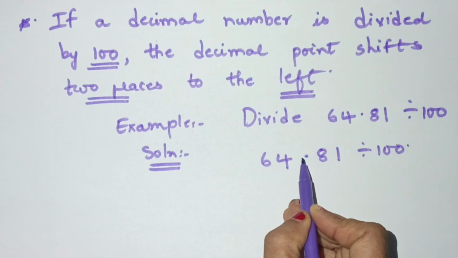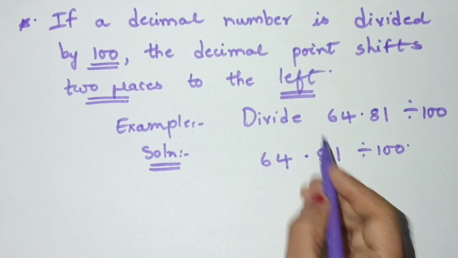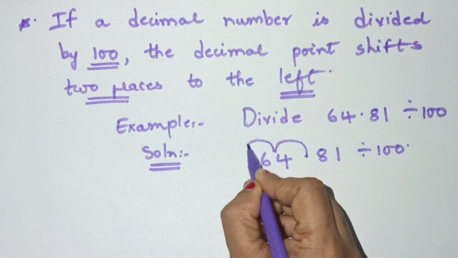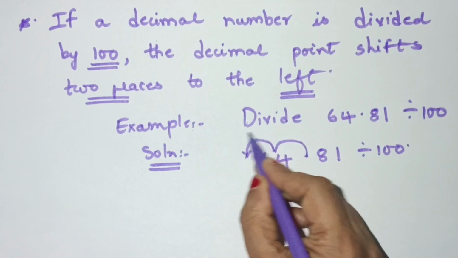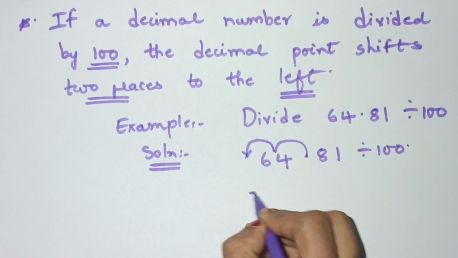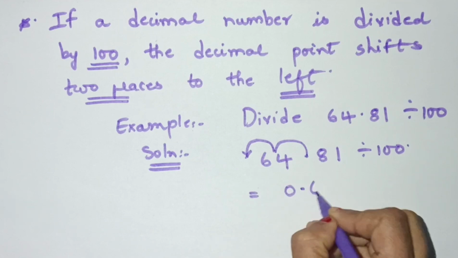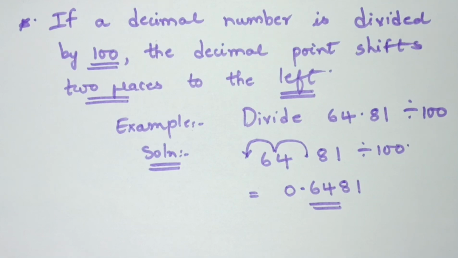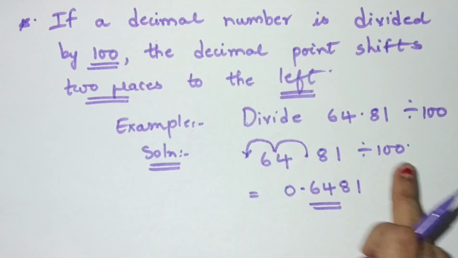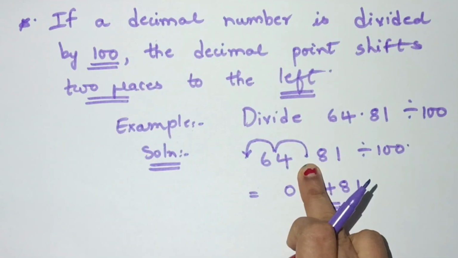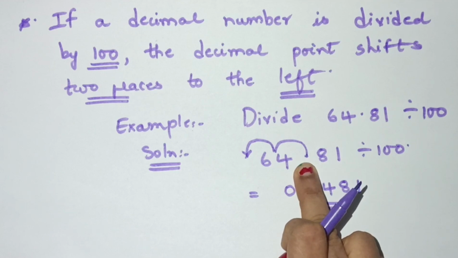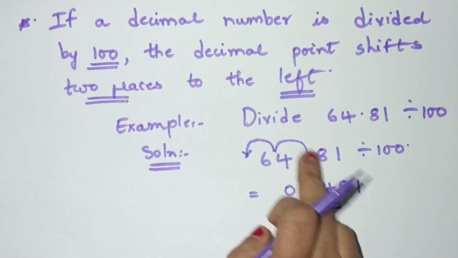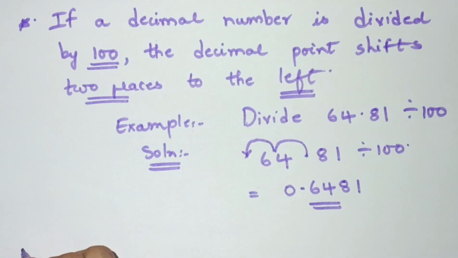Now this decimal point has to be shifted to the left two places, 1, 2. So your point will come over here. So your final answer is what? 0.6481 is your final answer. So if a decimal number is divided by 100, the decimal point has to be shifted two places. Why two places? Because you have two zeros, towards the left.